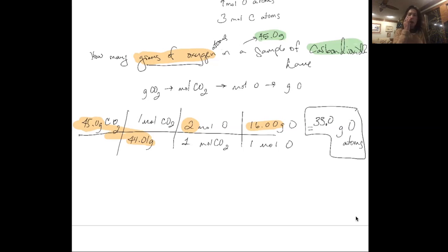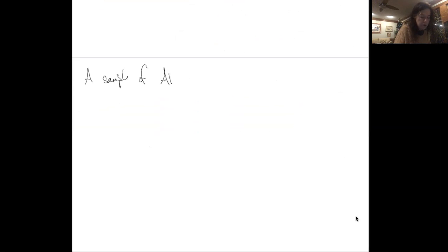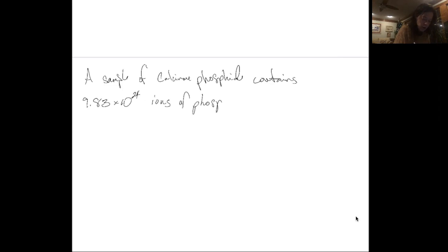Let's look at this slightly differently. Let's say that a sample of calcium phosphide contains 9.83 times 10 to the 24th phosphide ions.